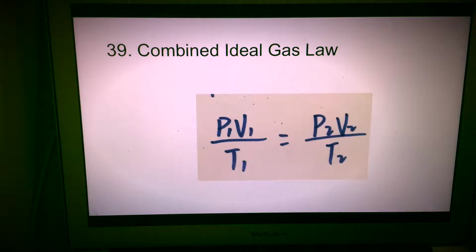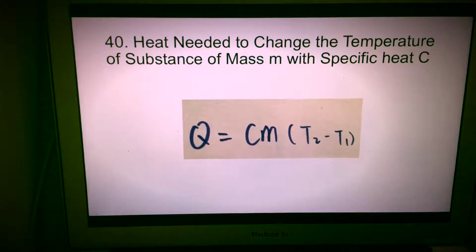And if we keep V constant and P increases, T will increase as well. So P and V have an inverse proportional relationship, and P and T, or V and T, have a linearly proportional relationship.